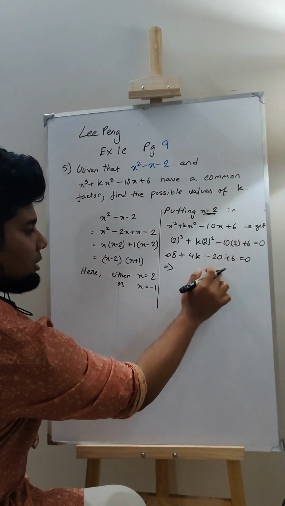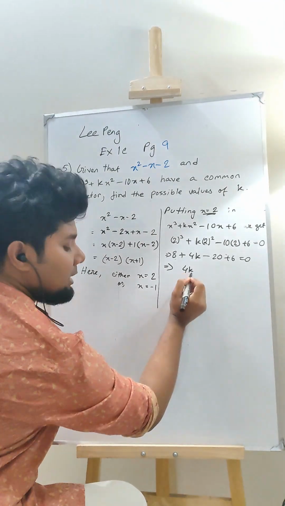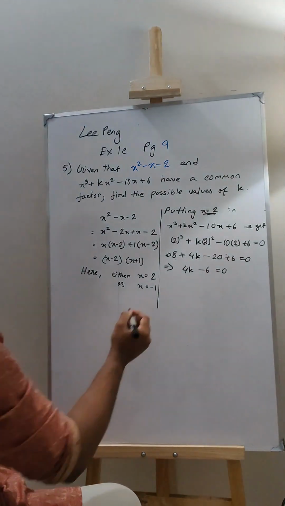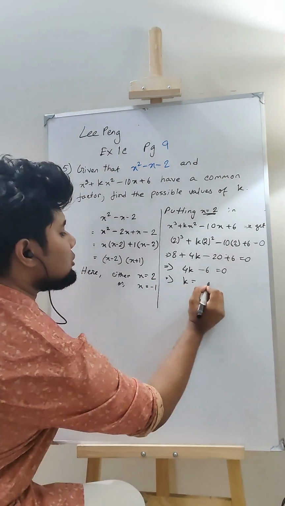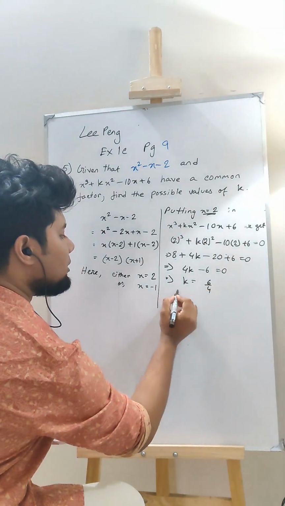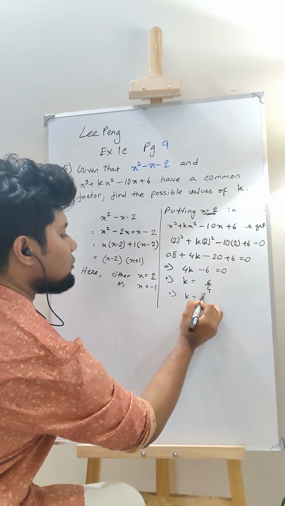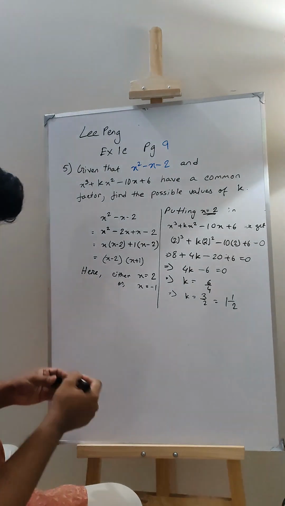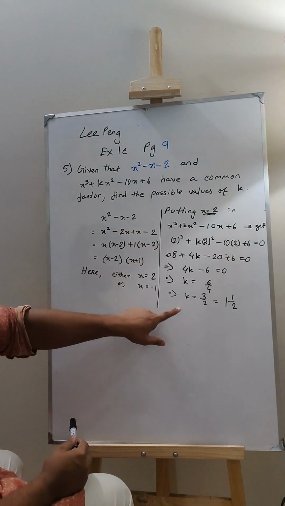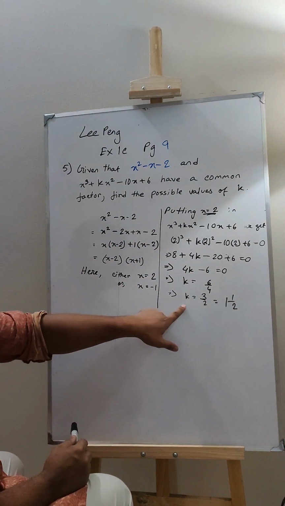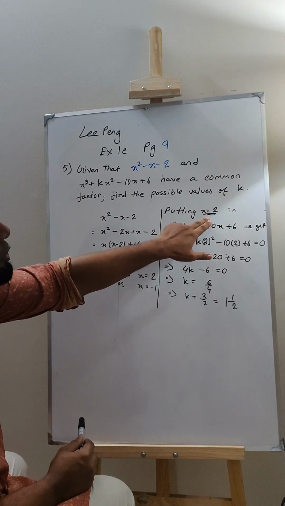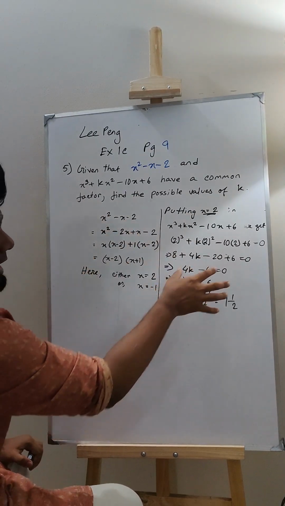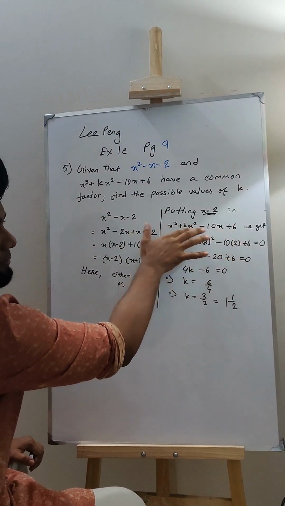And then if we do, this is 4k minus 6 equals 0, or k equals 6 by 4, which is k equals 3 by 2, or we can write 1.5. So in this way we can get one value of k, which is 1.5, if we put x equal to 2, or if we consider x minus 2 as a factor of this whole expression.